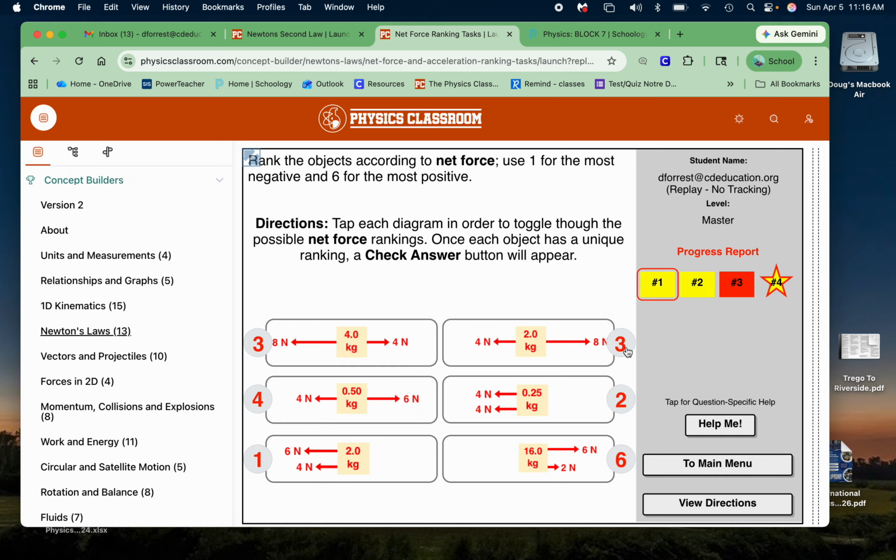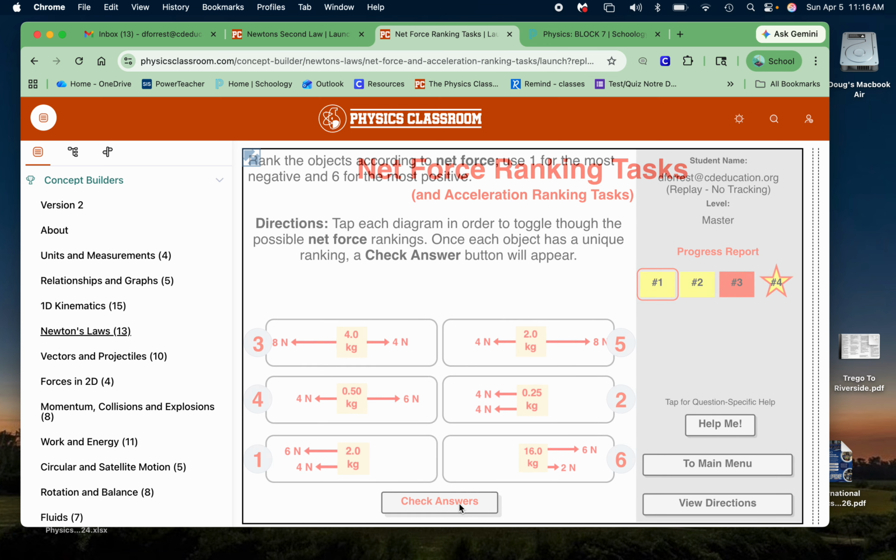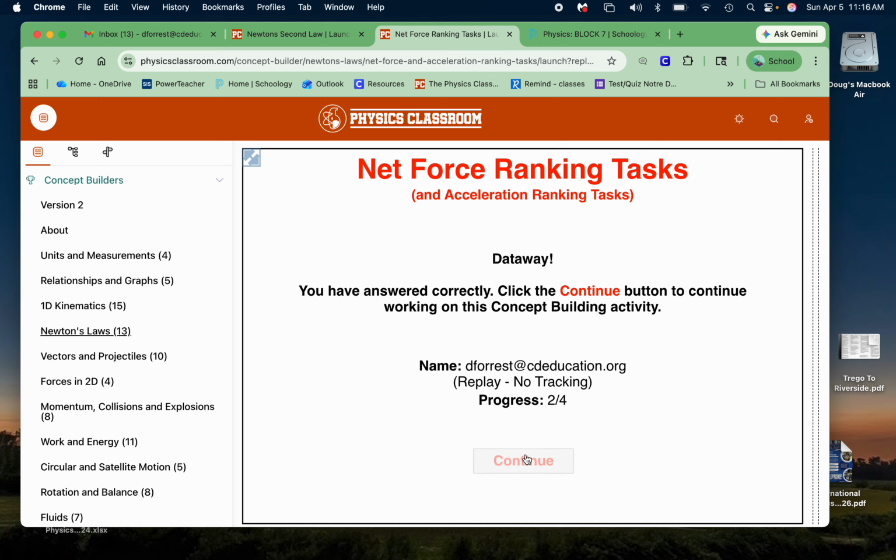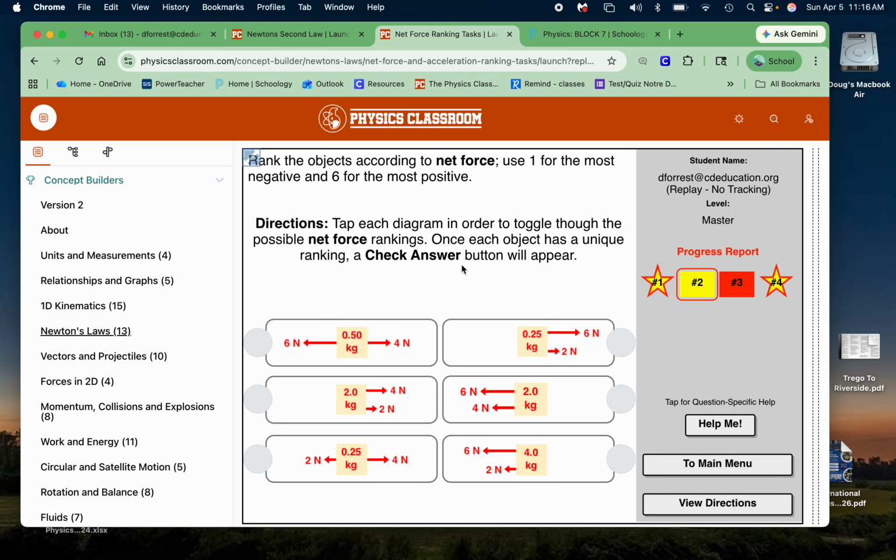And then this is positive 4 newtons, which is in between this positive 2 newtons and this positive 8 newtons. So these should be going from most negative force for number 1 to most positive force for number 6. Again, hopefully those help you out.